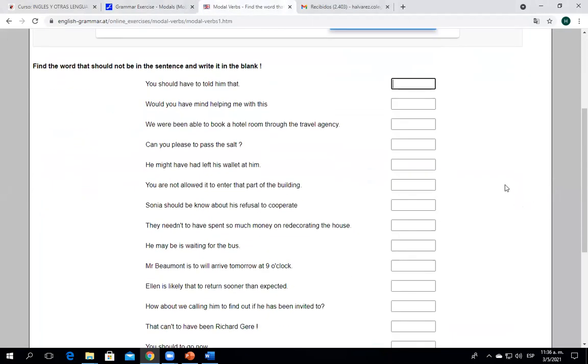Okay, these sentences have mistakes. Can you tell me what the mistakes are? For example, in number 1, it says find a word that should not be in the sentence and write it in the blank. What word should I write here from this sentence number 1? What is incorrect here? To. To.